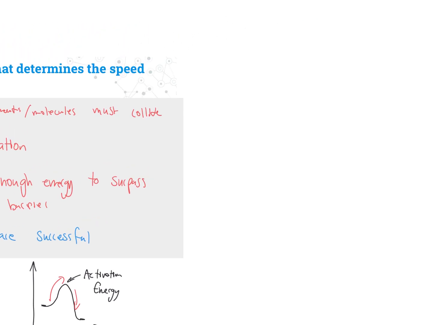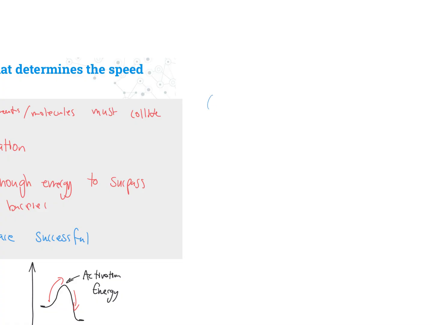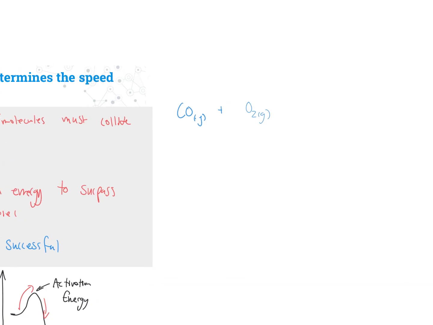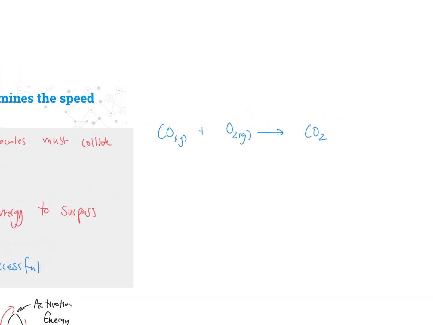Let's take this example. Let's say CO gas plus O2 gas will make CO2 gas plus O. We'll say it's just a single O for the sake of simplicity here, so I can show what this looks like in a diagram.